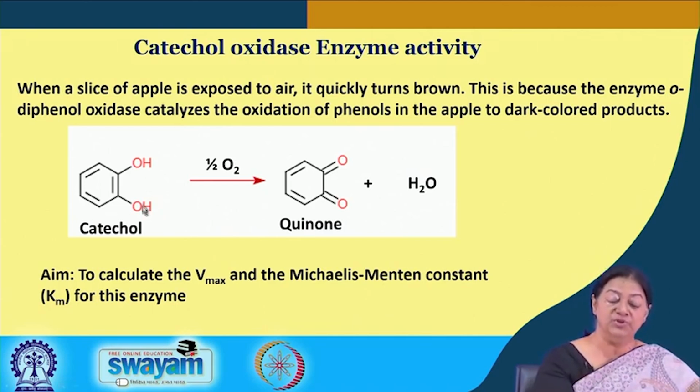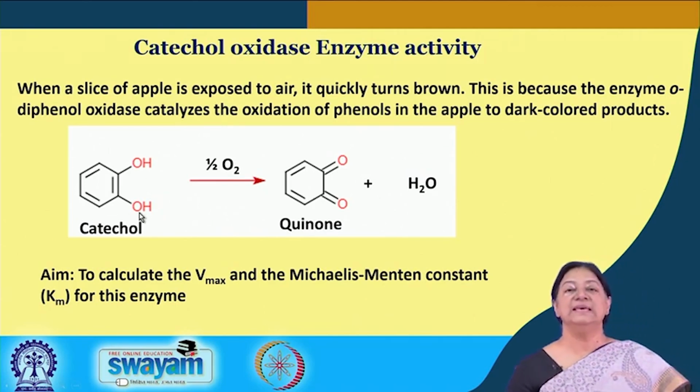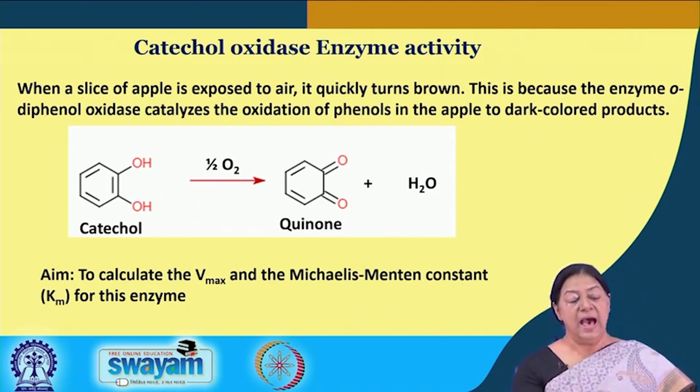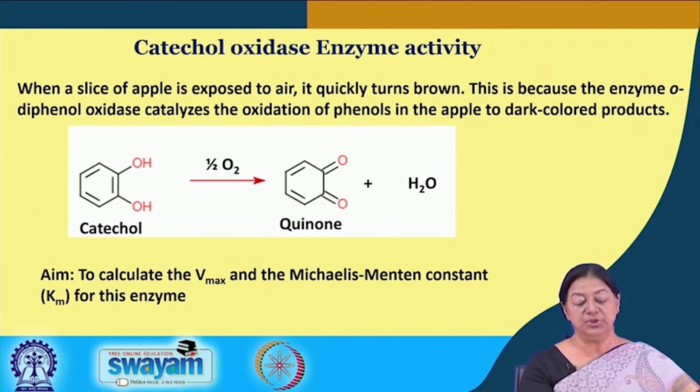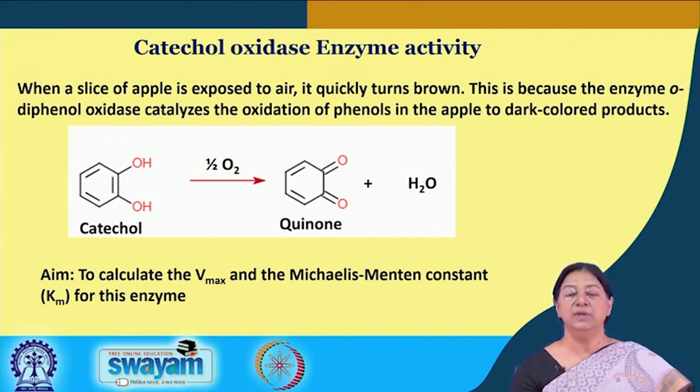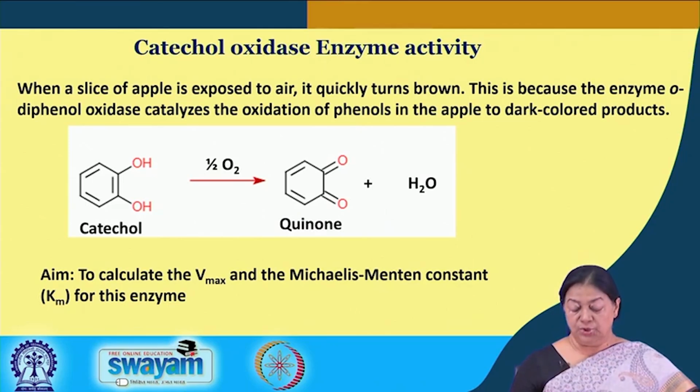When we have these OH groups. So, I can take catechol as a substrate and then monitor the formation of the dark colored product. And how will I do that? Because there is a color formation, I can do this in a spectroscopic manner. So, the aim here would be to find out the Vmax by the Michaelis-Menten and the Michaelis-Menten constant Km for the specific enzyme.